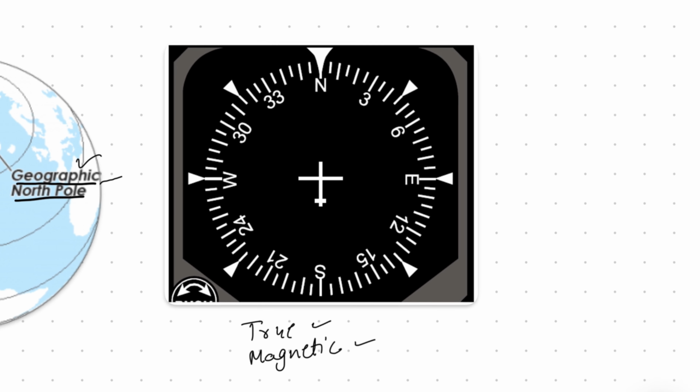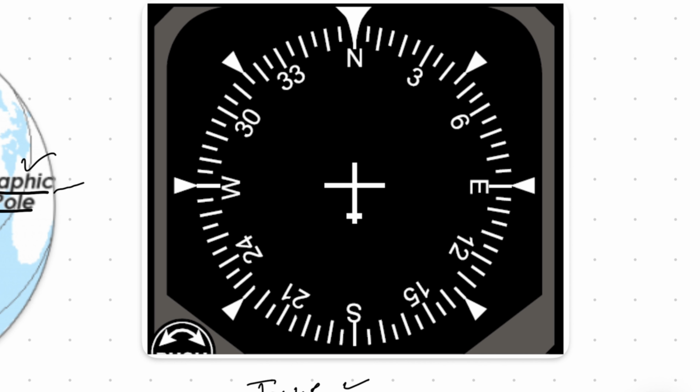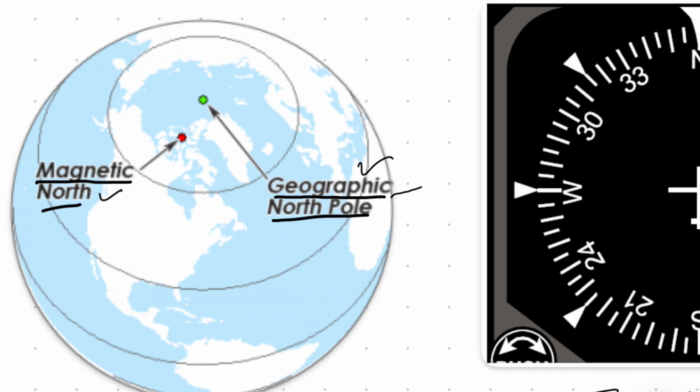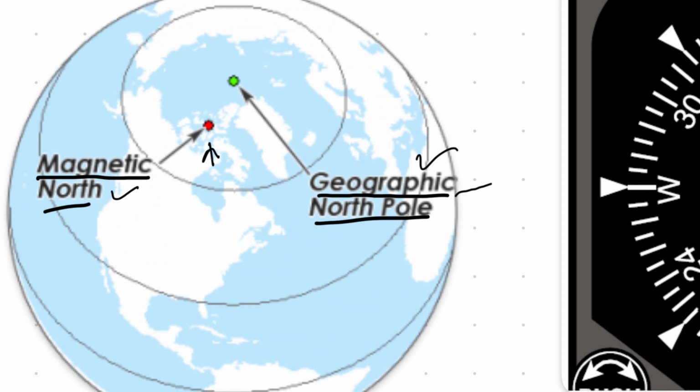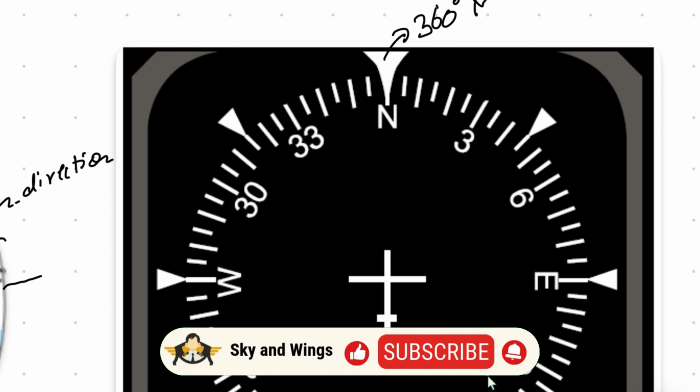Okay, so suppose this is our compass and it is pointing towards north, and our compass works on the principle of measuring magnetic fields, and it will always point towards the magnetic north pole. So we can say that our compass in this situation is pointing towards this direction, right? So we can say that it is measuring 360 degree or 000 degree magnetic direction, or we can write it as 360 degree magnetic.